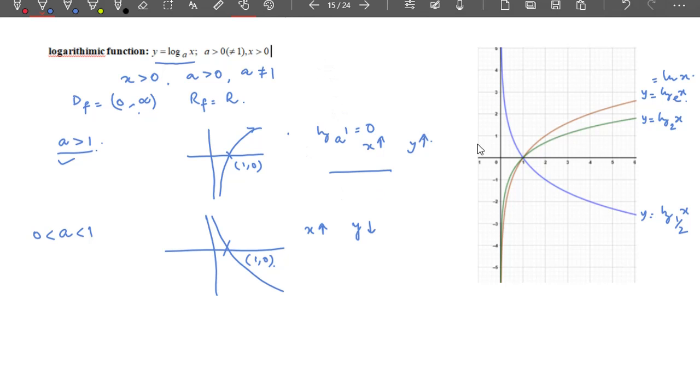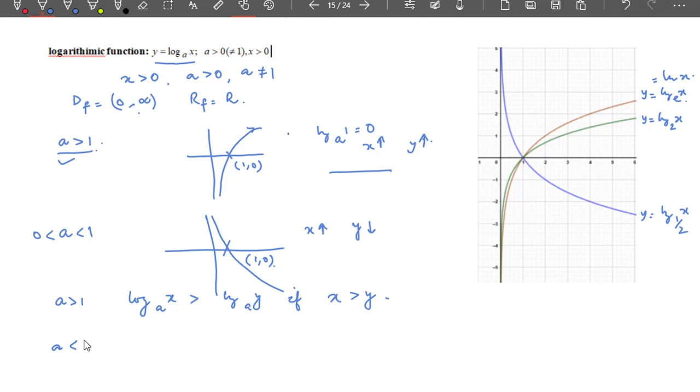Actually, the graph tells us many things. When a is greater than 1, you have the inequality log x is greater than log y if x is greater than y.